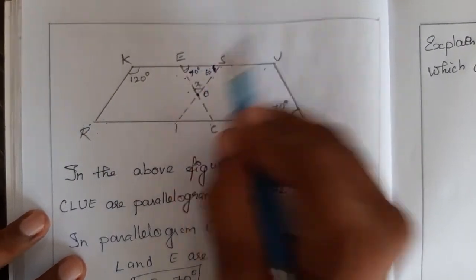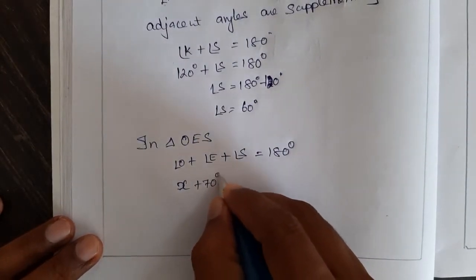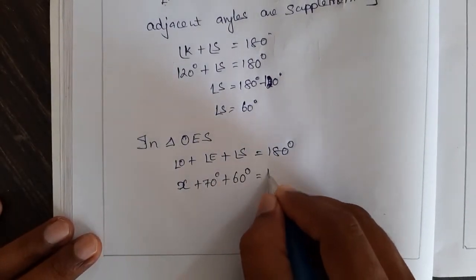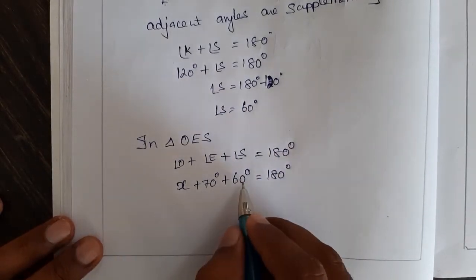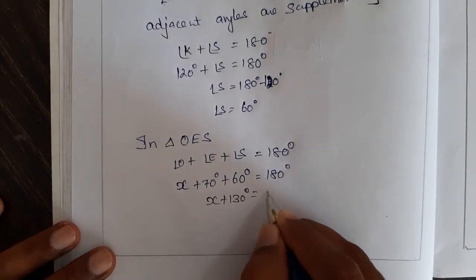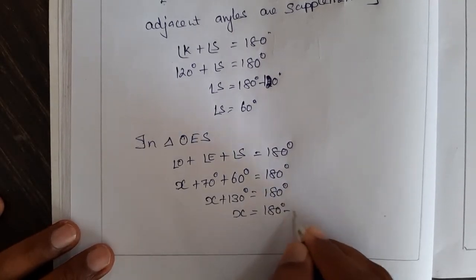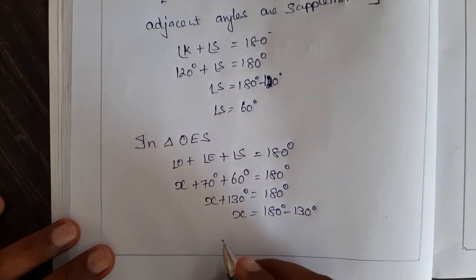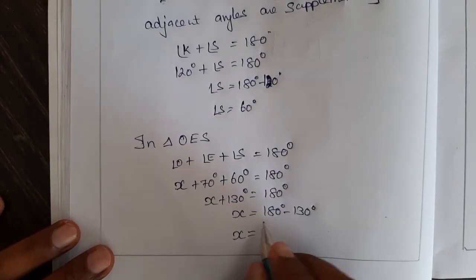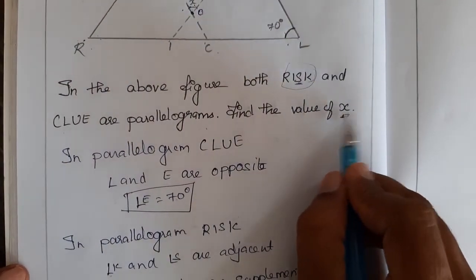S is 60 and E is 70. So 70 plus 60 is 130 degrees. So x plus 130 degrees is equal to 180 degrees, and x is equal to 180 minus 130, which is 50 degrees, right? We found the value of x. That is what they asked.